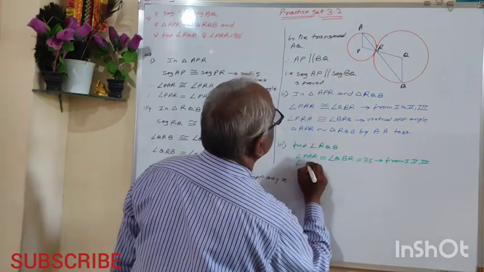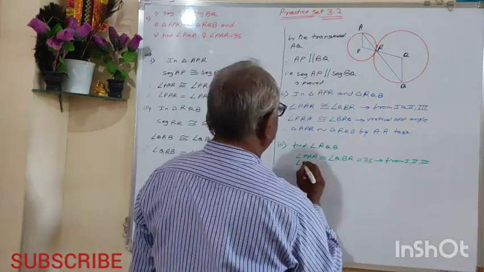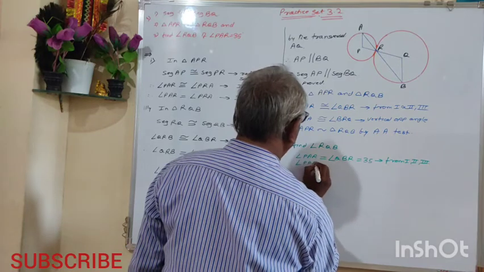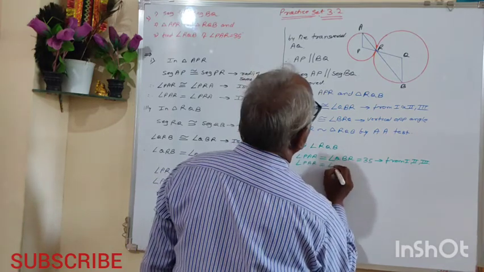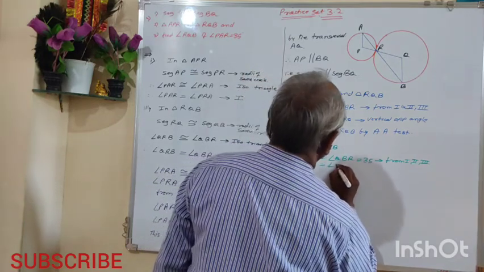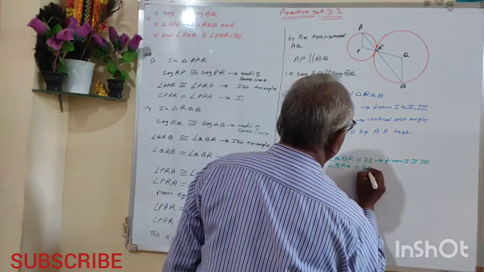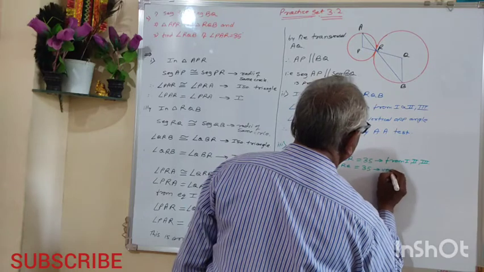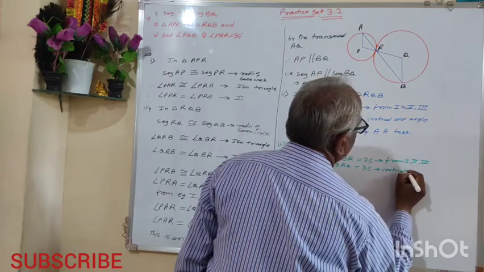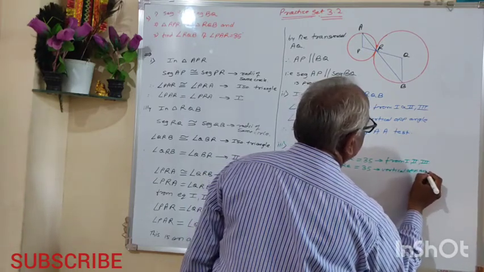And angle PAR also equal to angle BRQ, which is equal to 35, that is vertical opposite angle.